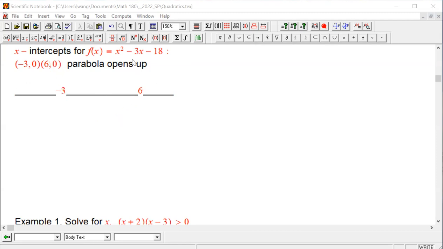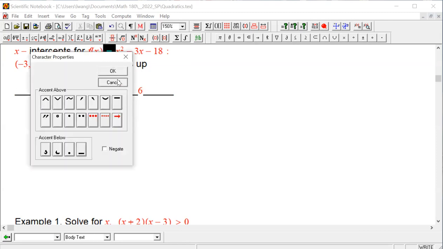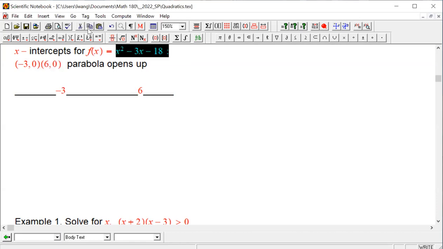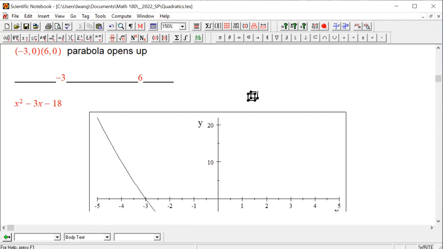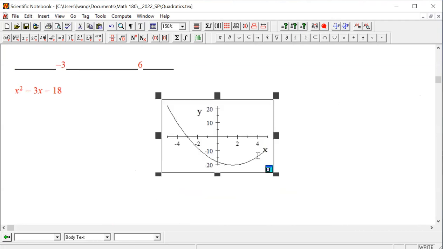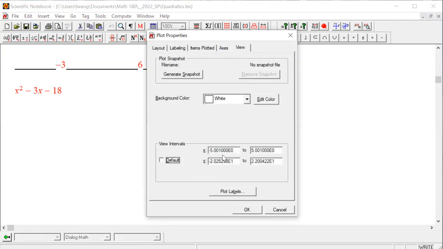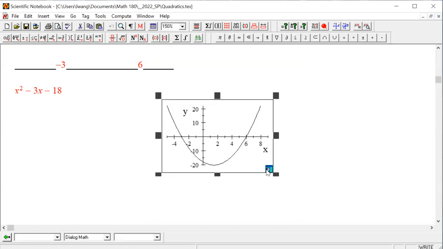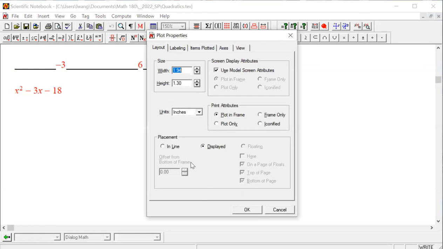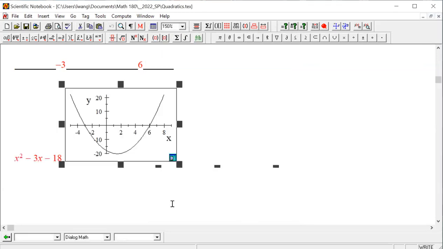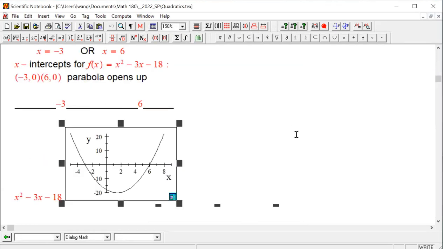So you either use this one or just graph the function. Here I'm going to graph the function because I can, right? And here I need to have some points, circles or dots, to mark the x-intercepts, right?